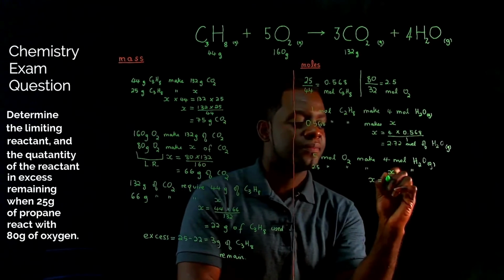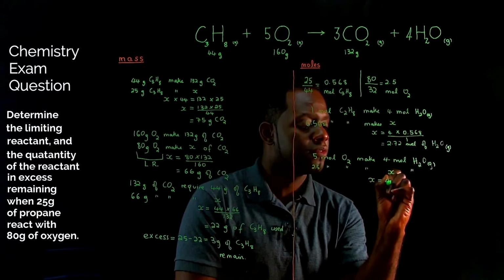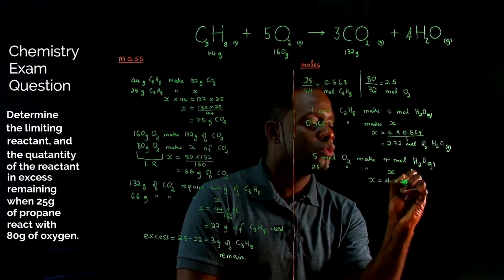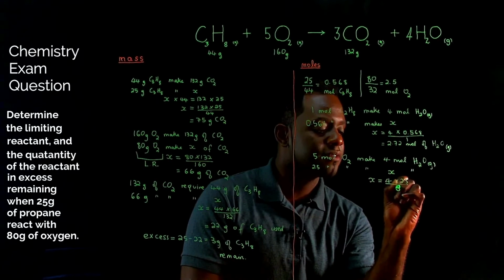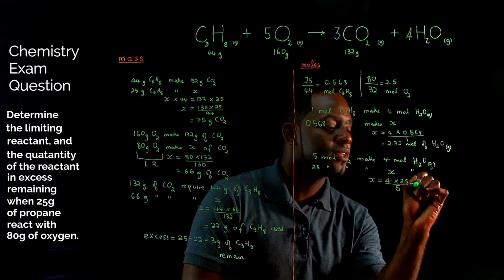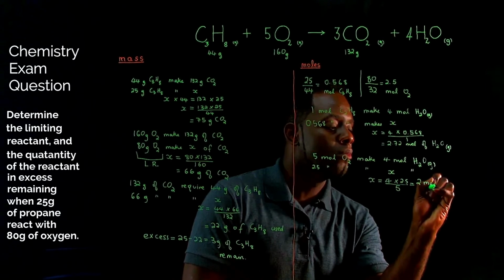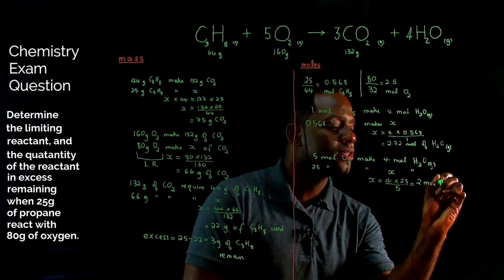X is 4 times 2.5 divided by 5, and that gives us 2 moles of steam.